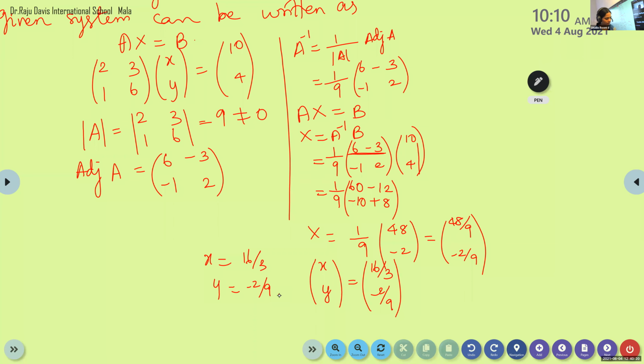Is it clear, children? This method, finding the inverse and finding the solution, we call the matrix method.